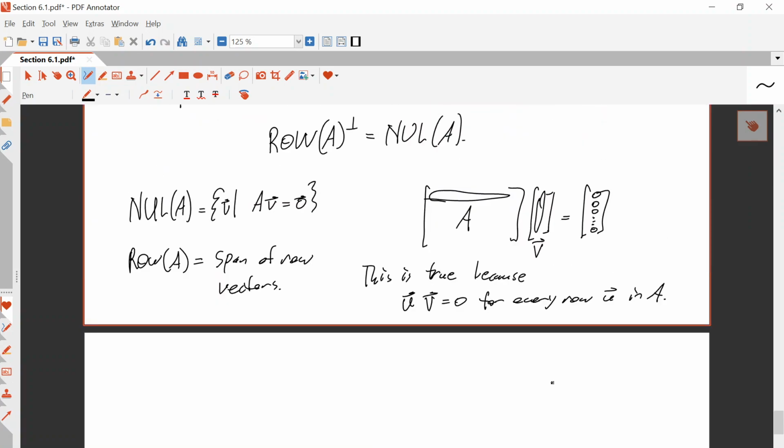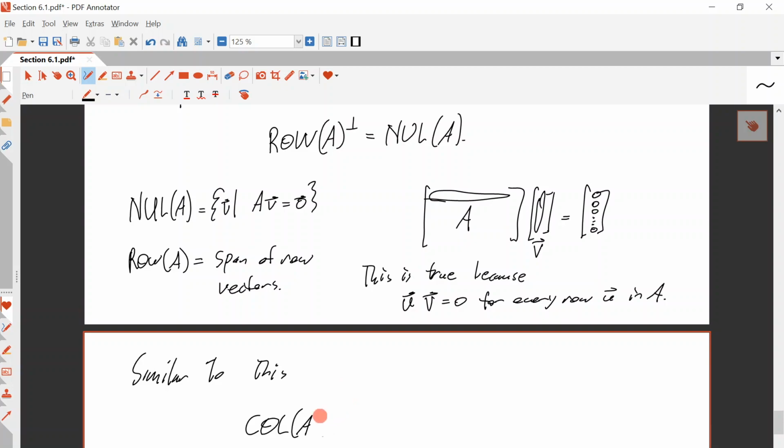Similar to this is the following. The column space of A transpose is just the row space.